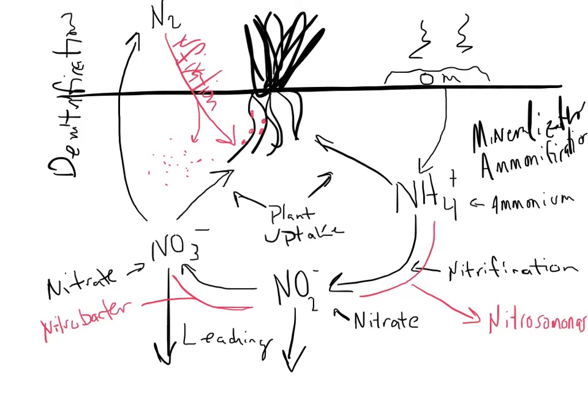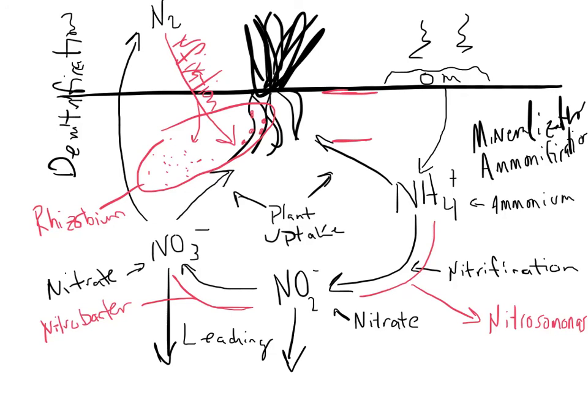One of the main species responsible for the symbiotic process is called Rhizobium. And rhizo, awesomely enough, corresponds to the rhizosphere, the sphere of the plant root. So that's where we get that name.